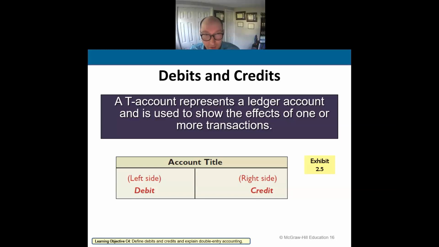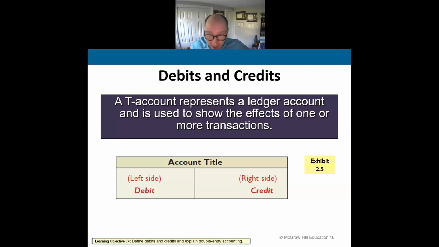So this is what we're looking at right here. We call this a T account. It's also the ledger account for each account. It'll say account title on the top. That could be cash, accounts receivable, accounts payable, wages payable, whatever the account name is. On the left side is the debit column.